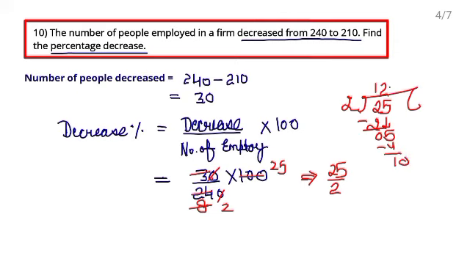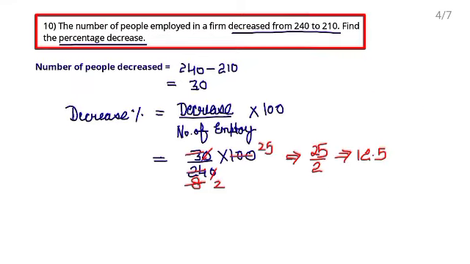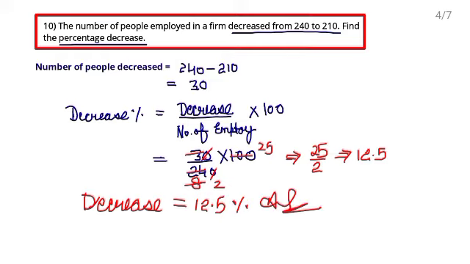Take 10. 2 5s are 10. Right. So what you are getting? 12.5. So the decrease is 12.5%. This is your answer.